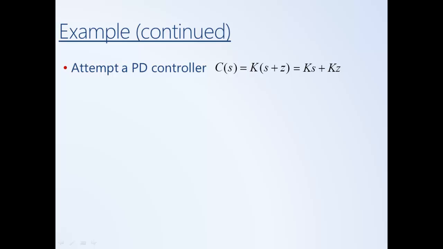So what is our KD for our PD controller and what is our KP? The KD is the coefficient in front of the differentiator, and the KP is just the constant. So it's our gain k multiplying the 0 location that we've added.